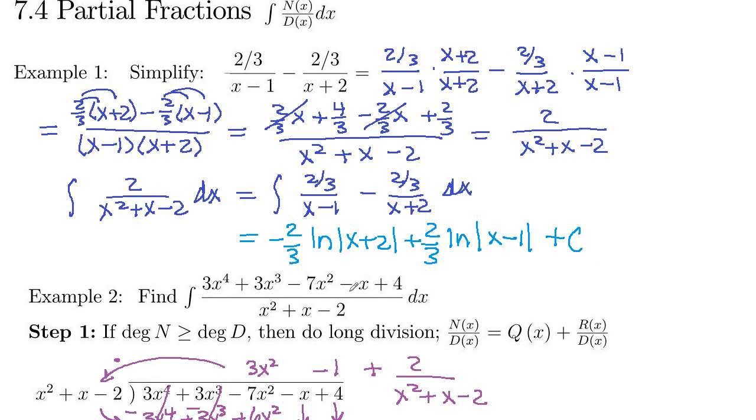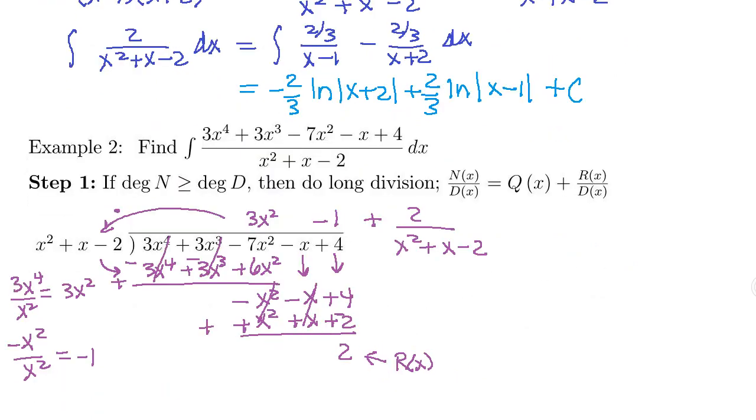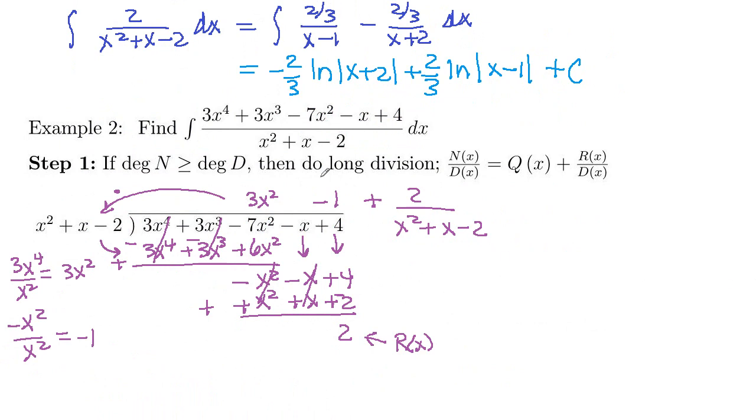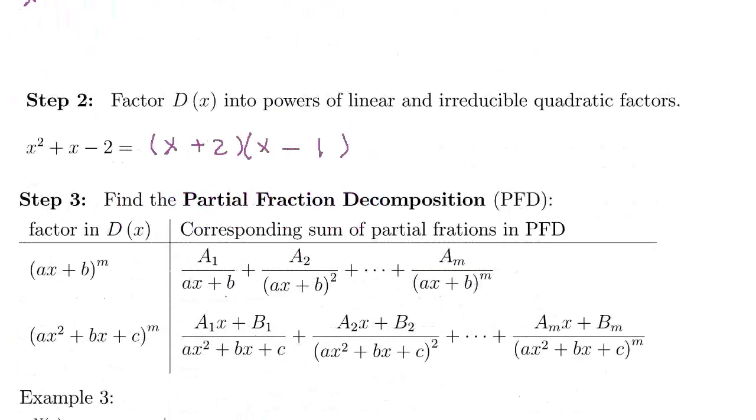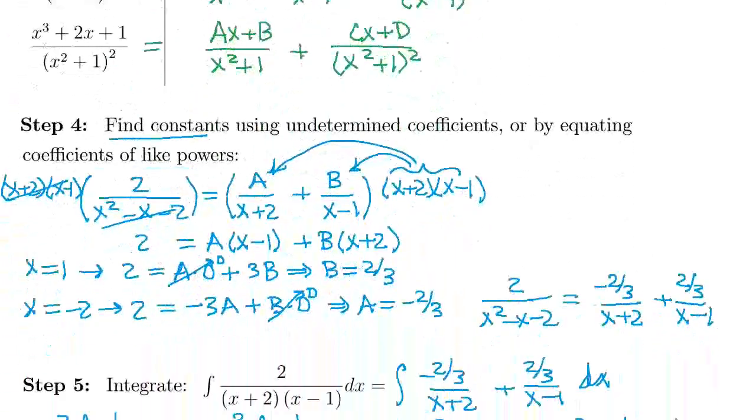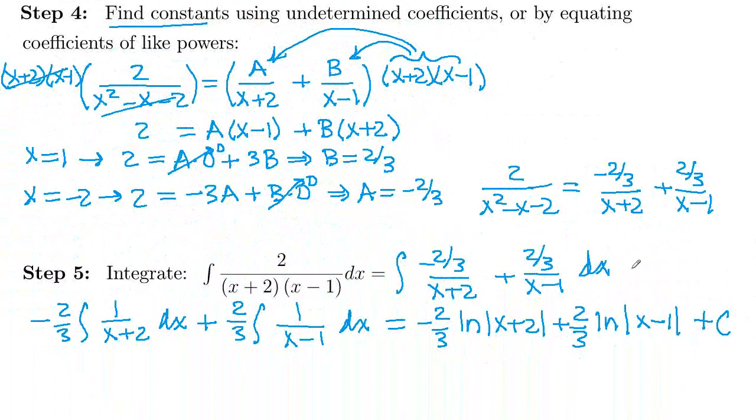And here, if we had a problem like this, then we would just integrate the pieces separately. We integrate 3x squared minus 1, just get x cubed minus x, and integrate this one and get this. So using partial fractions. So that is the method of partial fractions complete all the way through.